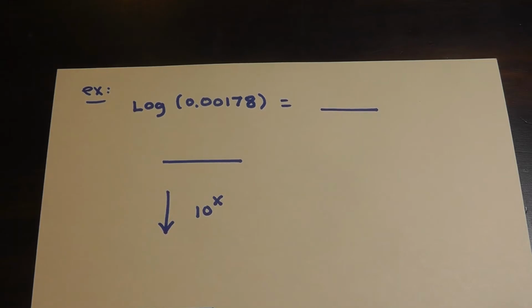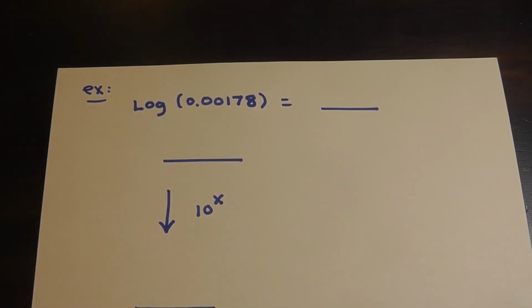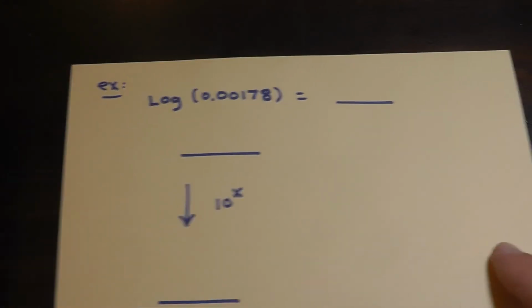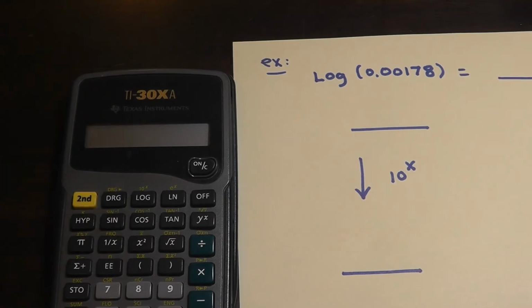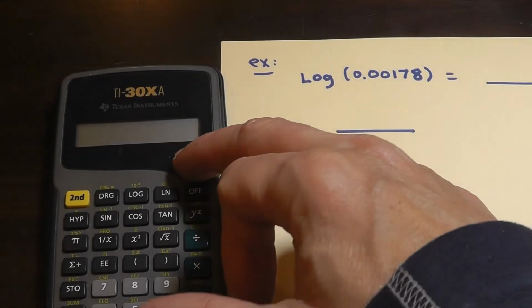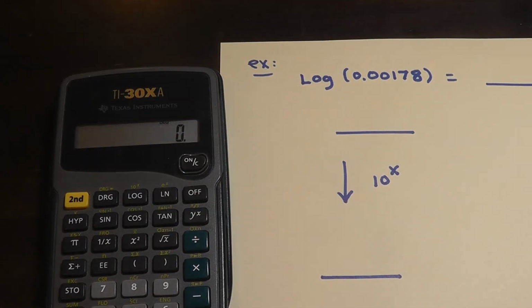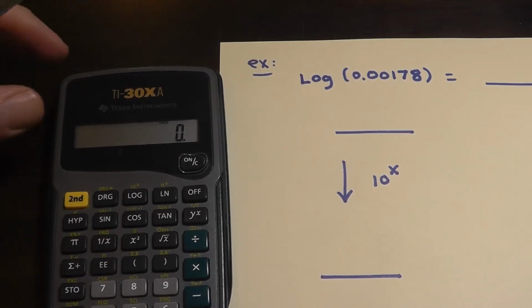That's saying that that's 10 to the negative 3, which is like saying 1 divided by 10 times 10 times 10. Well, this is a little bit bigger than that. So I'm going to get a log that's not quite negative 3, in between negative 3 and negative 2. It's going to be negative 2 point something. And so the number of places you have to move the decimal tells you what the log's going to be. So that's good to have in the back of your mind.